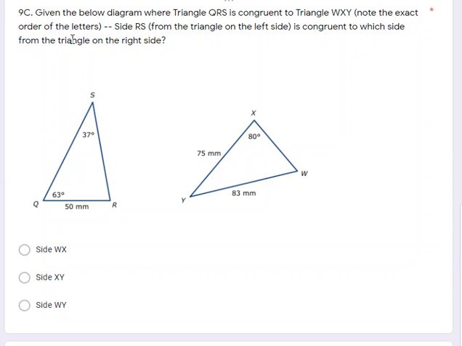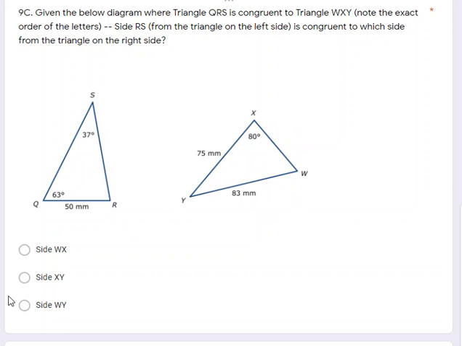9C. Given the below diagram where triangle QRS is congruent to triangle WXY. Again, note the exact order of the letters. Side RS is congruent to which side on this right side triangle?